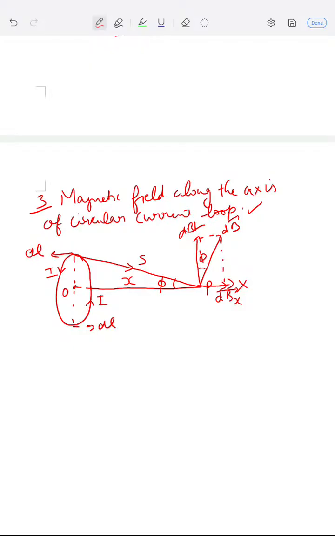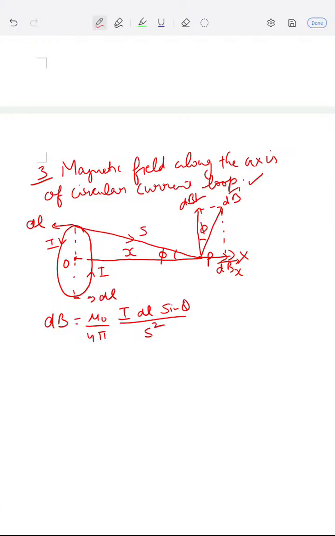Again we start with Biot-Savart law. What is Biot-Savart law? dB equals mu 0 upon 4 pi I dl sin theta upon s square. And theta here is 90 degrees because the magnetic field produced is perpendicular.